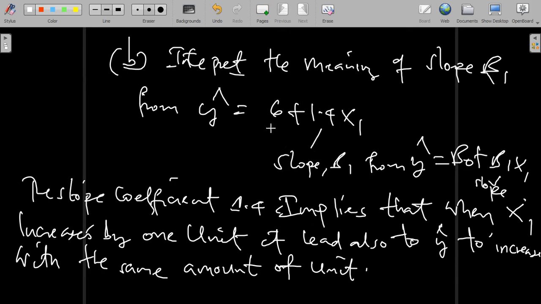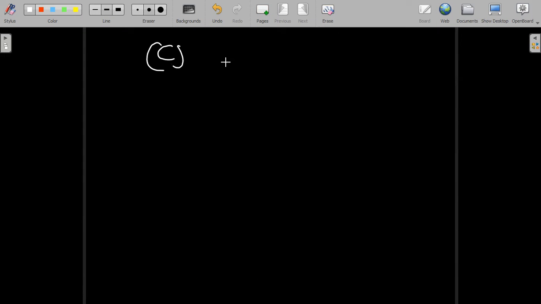We interpret it this way because our value is positive. If we obtained a negative value, we would interpret it differently, as you observe.